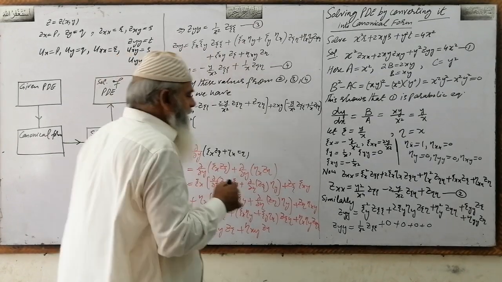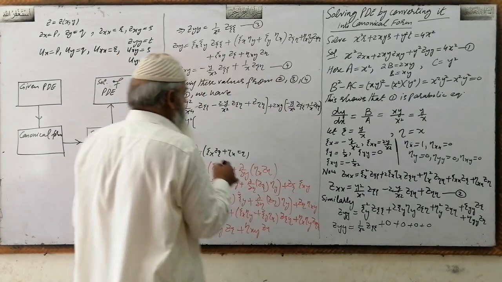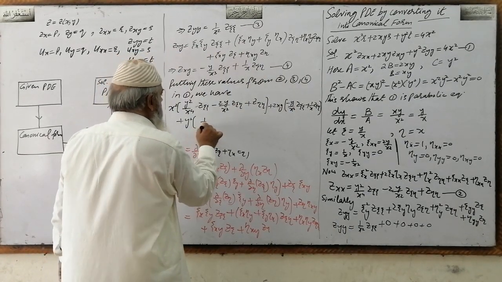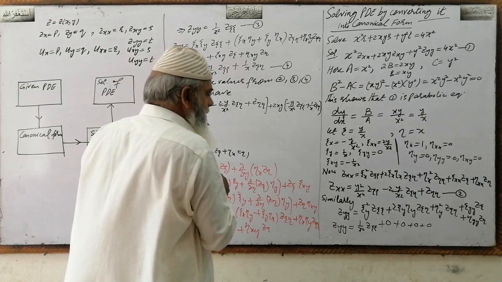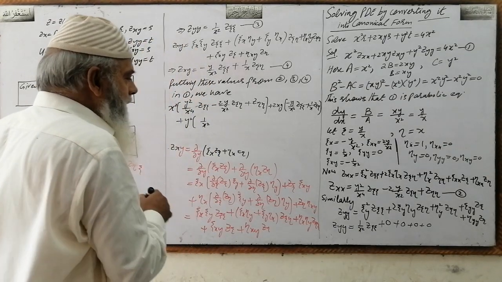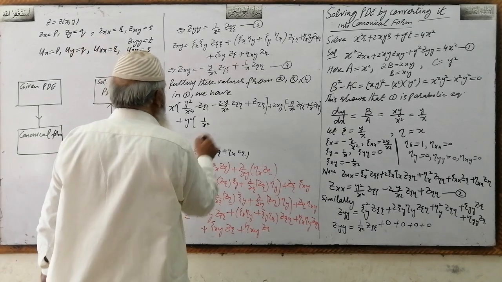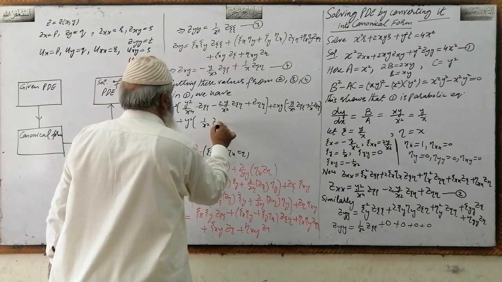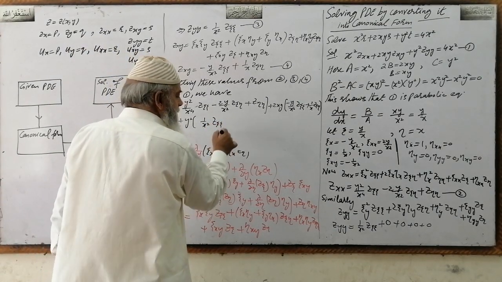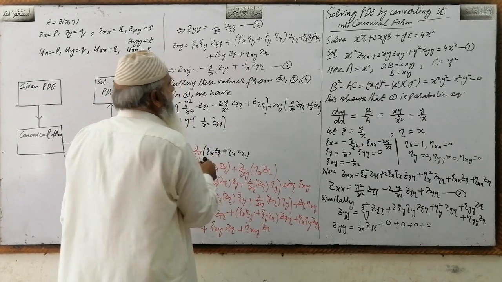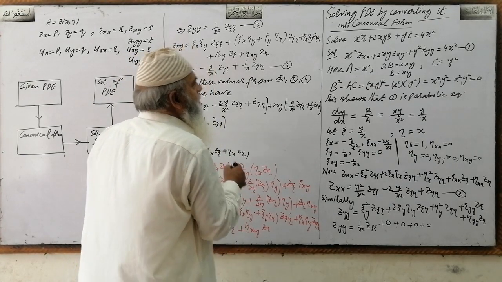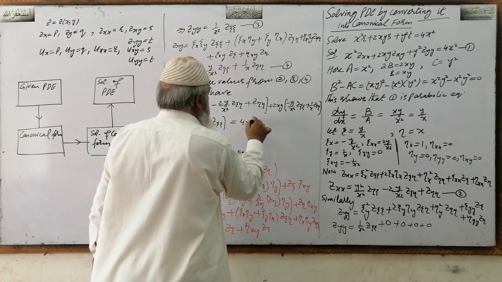What is the value of z double y? Here 1 over x square z double ξ, complete, and on the right hand side we have 4x square.